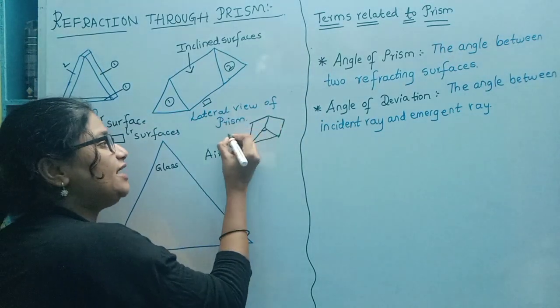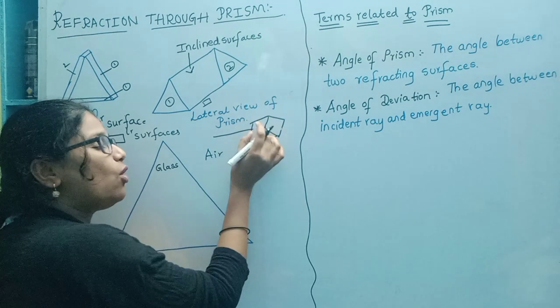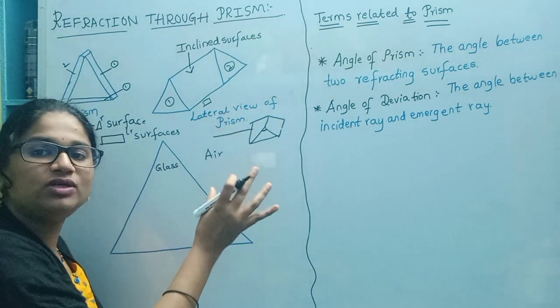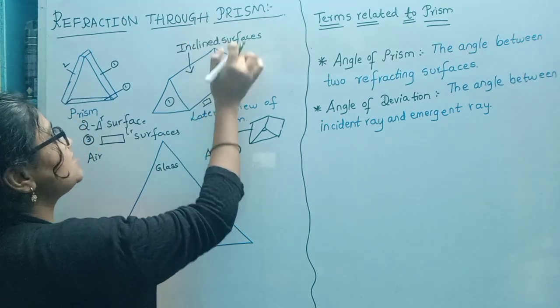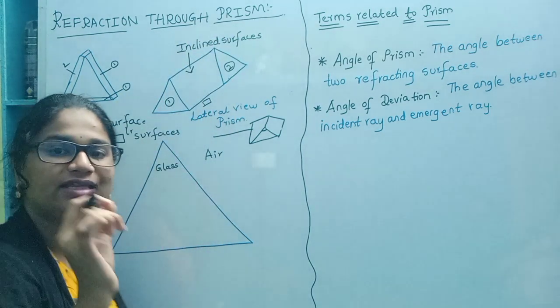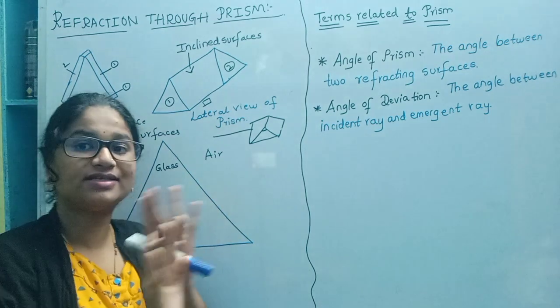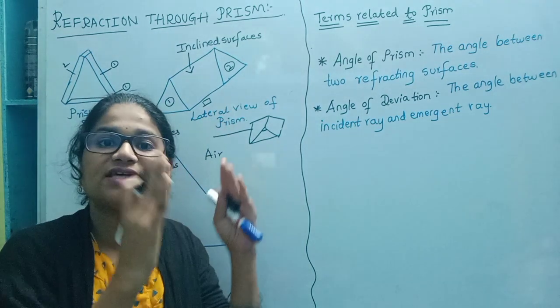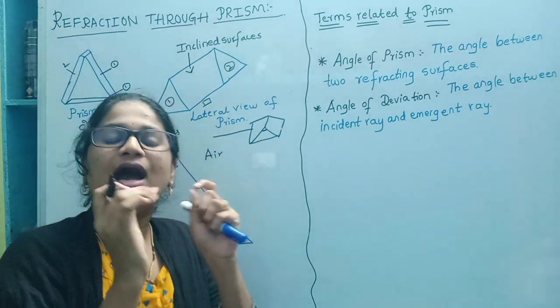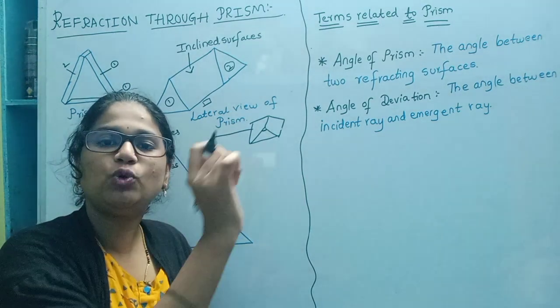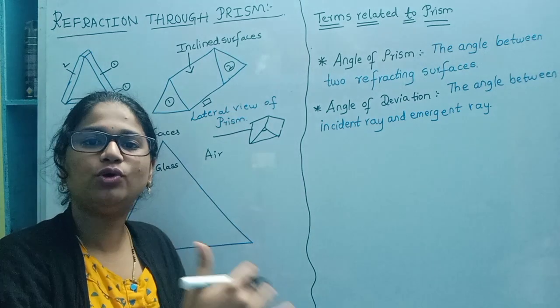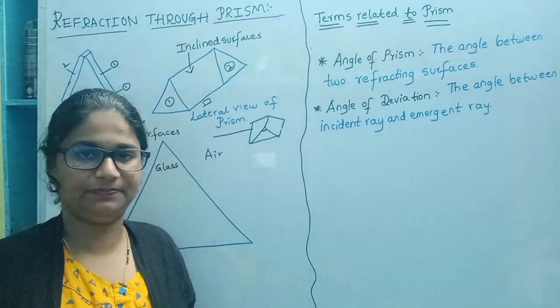The light will always pass through the rectangular surfaces only. So the rectangular surfaces at the sides are the refracting surfaces, not the triangular surfaces. They allow the light to pass through and proceed with refraction.